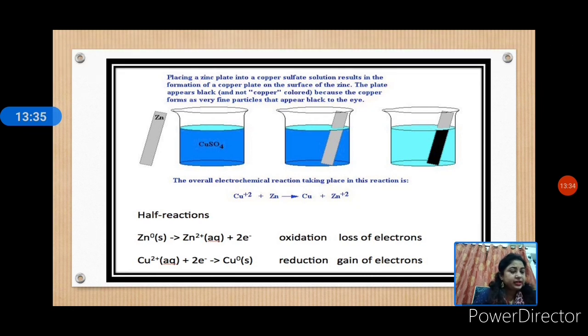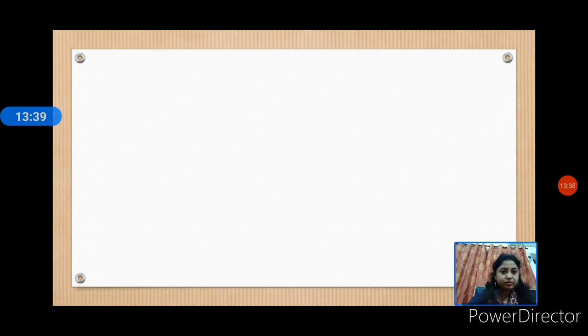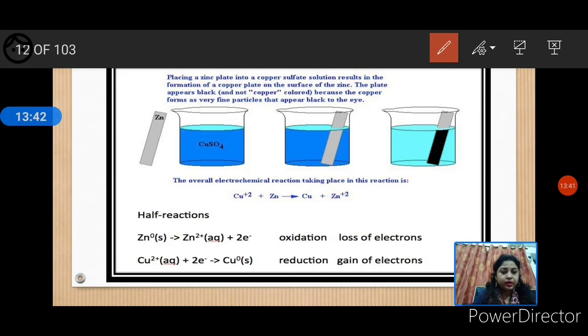So what have we seen here? Here the reaction. In this reaction you can see that zinc is oxidized to produce zinc 2 plus ions by losing 2 electrons. Copper 2 plus ions are reduced to copper by gaining 2 electrons. Since the solution becomes colorless, this shows that the solution does not contain copper ions.